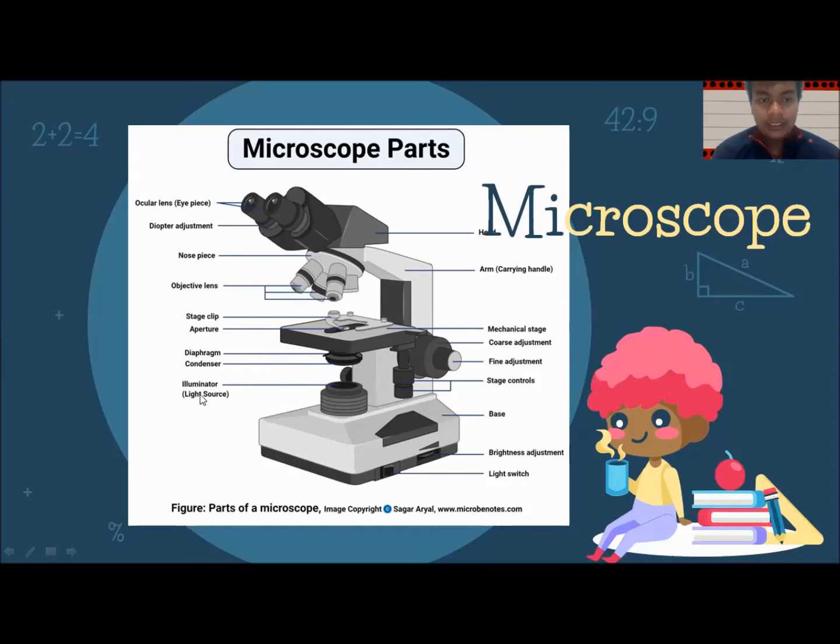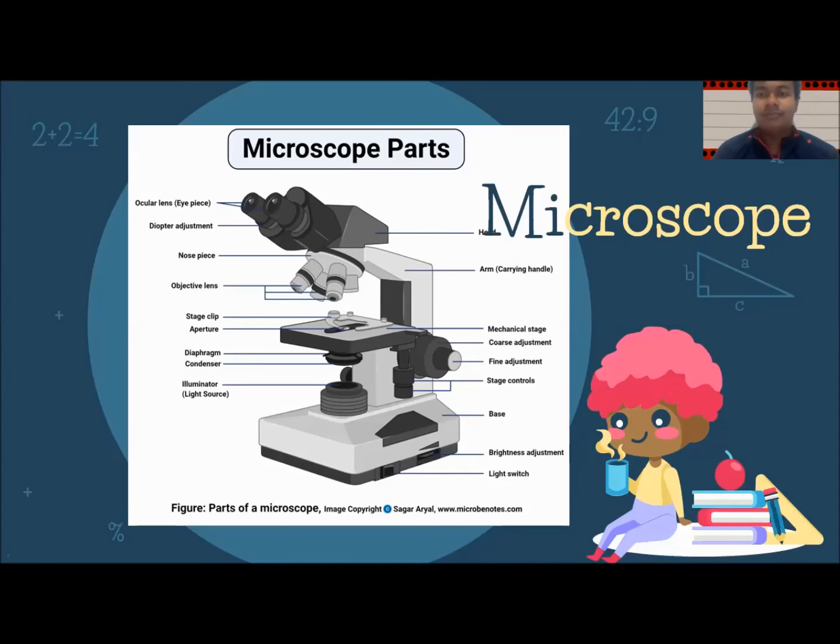Because this is a light microscope, it has an illuminator or light source, and it is the base, and down here we have the brightness adjustment and light switch.